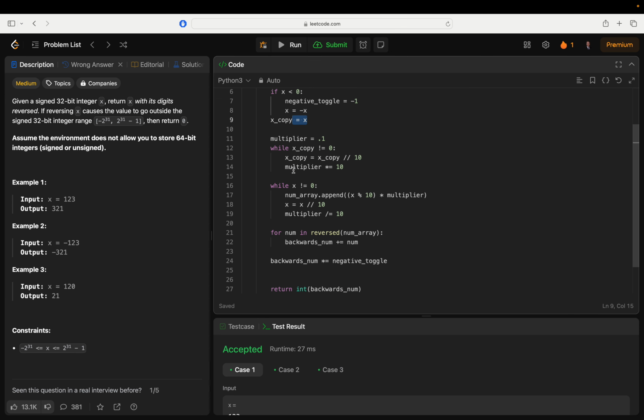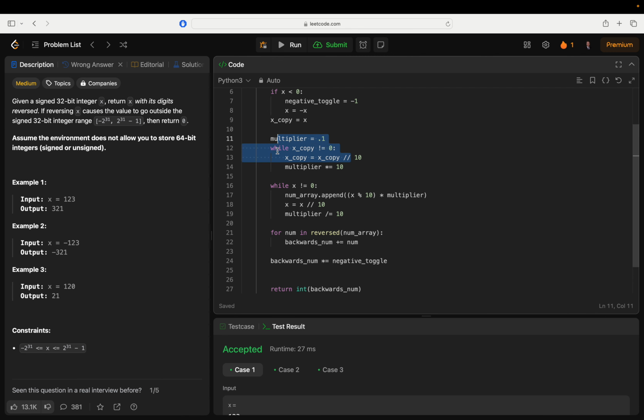Then basically, x copy equals x copy floor divided by 10. Oh yeah, this is just to get the number of digits in the number.